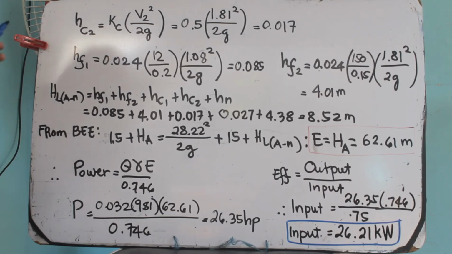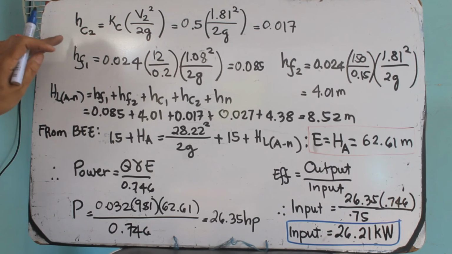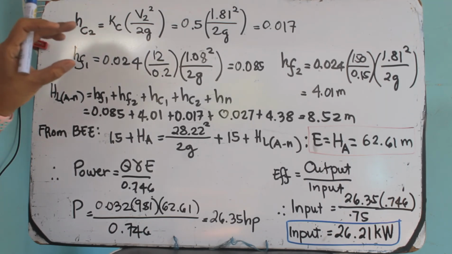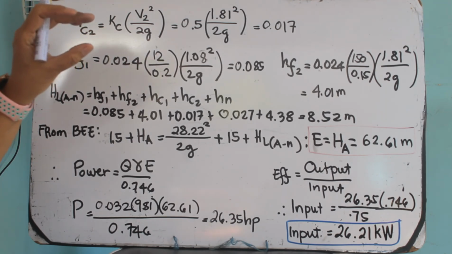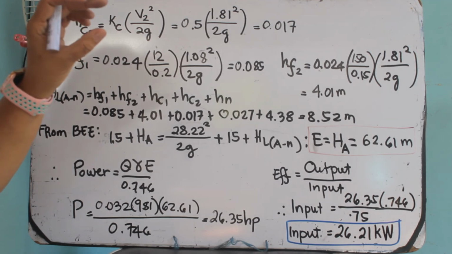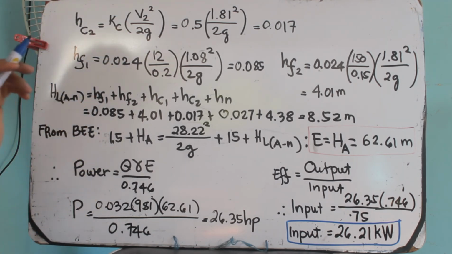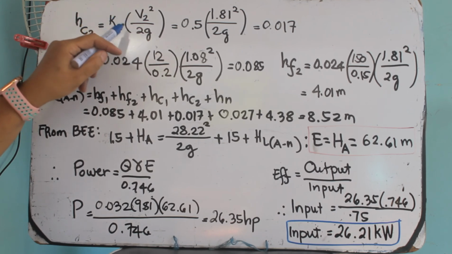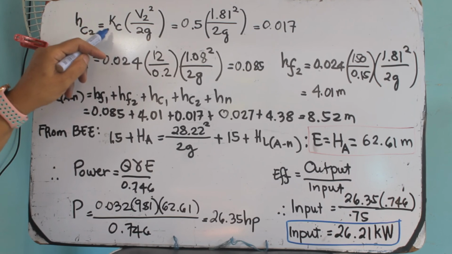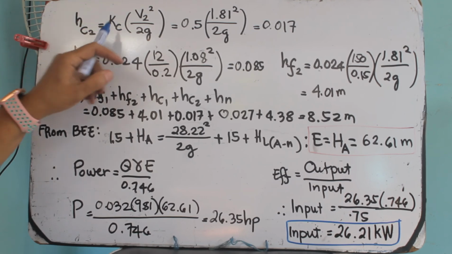Okay, so the other head loss that is due to contraction is when pipe 1, connected to the inlet of the pump, changes to the discharge end, which is pipe 2. So the velocity head due to contraction is for pipe 2 and the coefficient of contraction is 0.5.